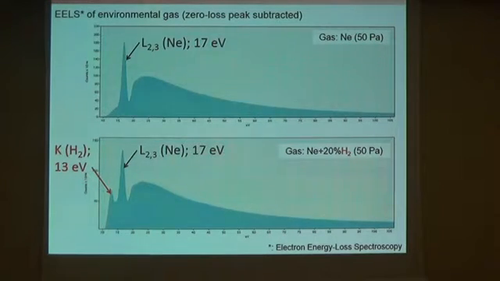So if we introduce hydrogen gas, we can actually make the environment containing the highly active hydrogen, even if the absolute pressure is 50 pascal, so it's very low. But the actual fugacity, the actual effective pressure of hydrogen is very high in this environmental cell.